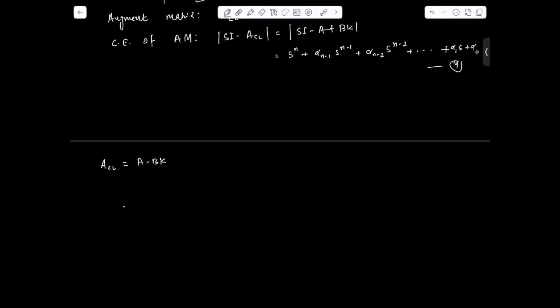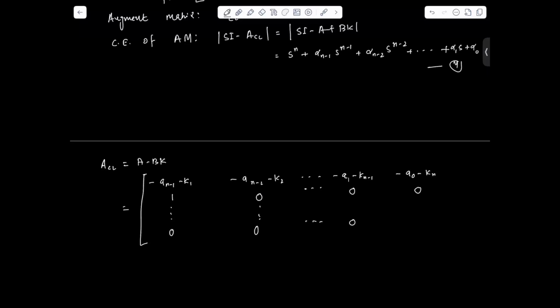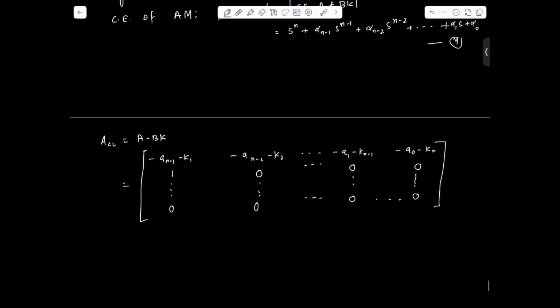The first row is minus a n minus 1 minus k1, minus a n minus 2 minus k2, dot dot dot, minus a1 minus k n minus 1 and minus a naught minus kn, then 1 0 dot dot dot 0 0, and zeros below. So this is our A minus BK matrix.